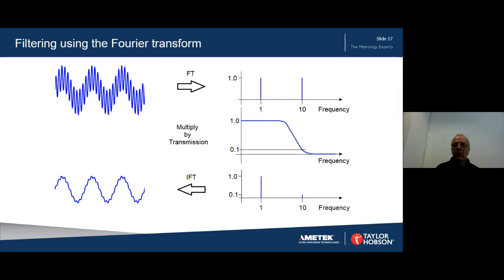In this instance, the transmission at frequency 1 is 1, and the transmission at frequency 10 is 0.1. Multiplying the amplitudes on a point-by-point basis results in amplitudes of 1 and 0.1 for the 2 frequency components of the signal. By taking the inverse Fourier transform, the filtered signal is obtained.